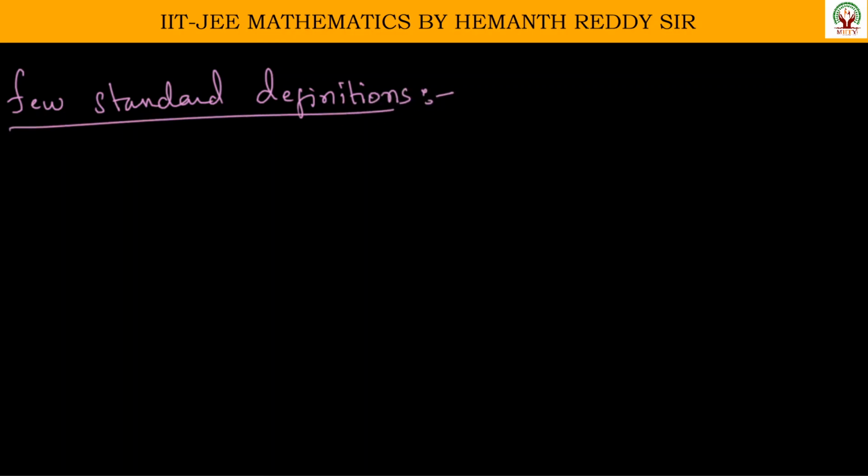We'll write a few standard definitions. Okay, write down a few standard definitions. First, axis. Axis is a line passing through the focus. Axis is a line. All these definitions should be in your mind.